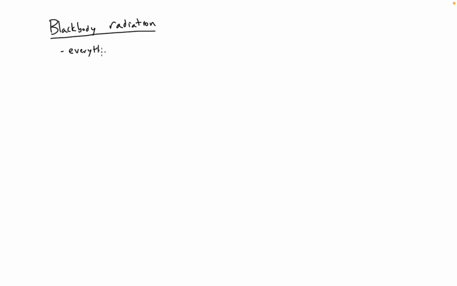So everything, suns, planets, you, me, we are emitting electromagnetic radiation at all times. Sometimes this is really obvious. We see the sunlight, but think about that whole spectrum, right?